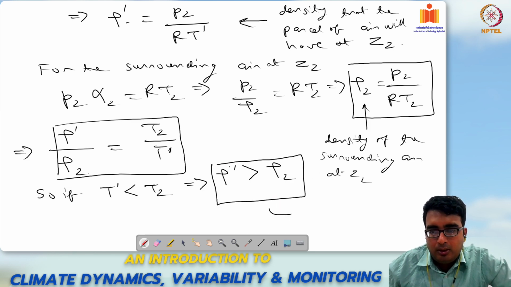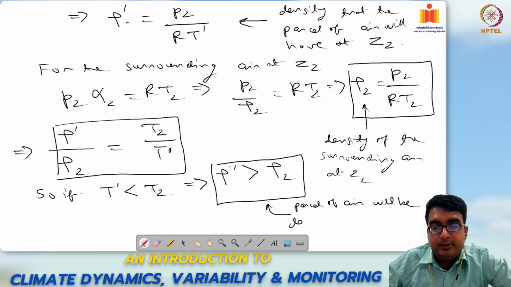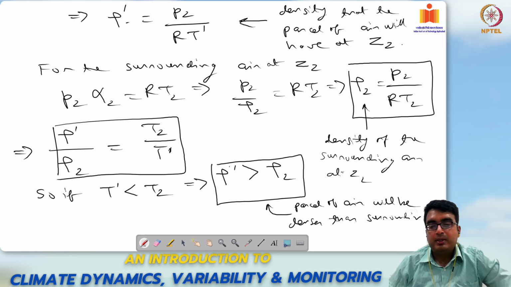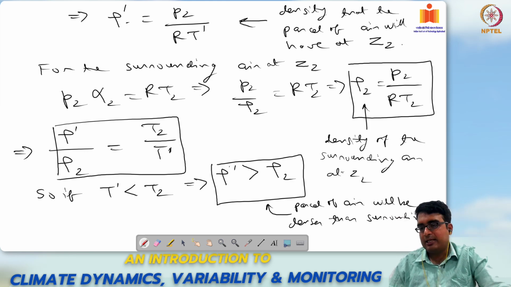So the parcel of air will be denser than the surrounding. Okay, so we have derived this point as well, just using the ideal gas law.